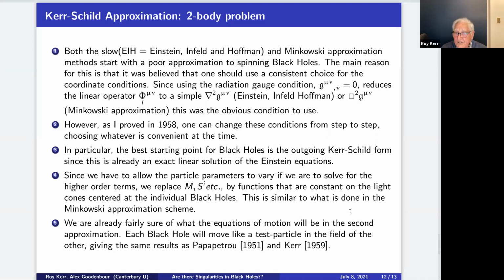One thing I did show back in 58 when I sorted this stuff out was that you could change the conditions from step to step, choosing whatever was convenient from the first order, second order, third order, etc. And in particular, what should have been done is that we should have started with the outgoing Kerr-Schild black hole solutions, because these are exact solutions of the linear equations.